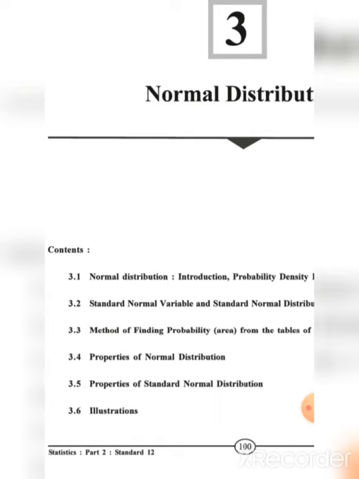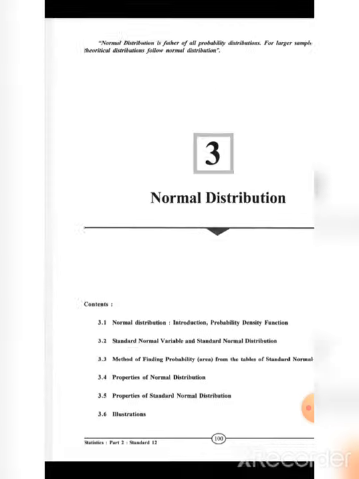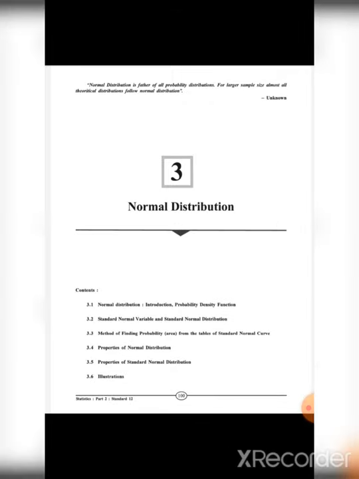They can be used and manipulated and can be asked in section A, in section B, or for short sums. So we are going to see in this chapter what we mean by normal distribution, where the normal distribution is used, why the standard normal distribution, what are the properties of normal and standard normal distribution, and its examples.